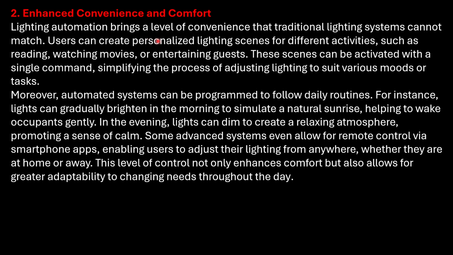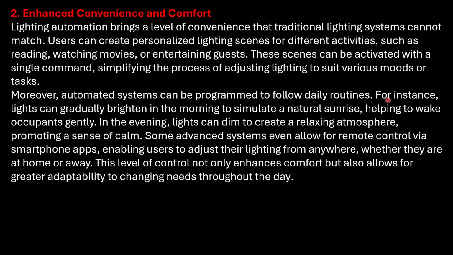Users can create personalized lighting scenes for different activities such as reading, watching movies, or entertaining guests. These scenes can be activated with a single command, simplifying the process of adjusting light to suit various moods or tasks. Moreover, automated systems can be programmed to follow daily routines.